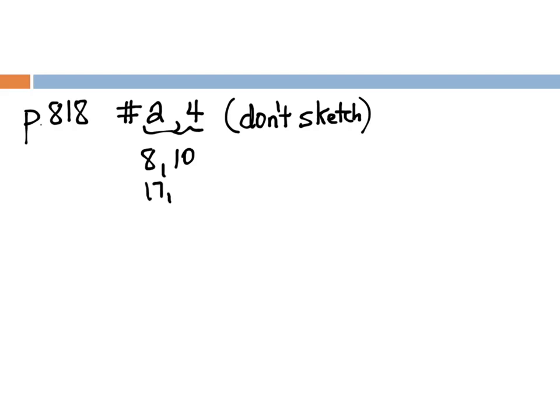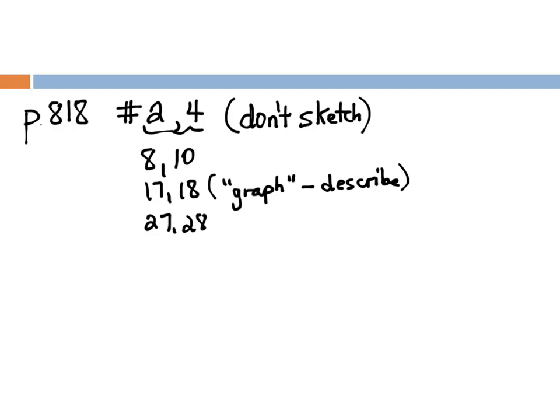And then on 17 and 18, it tells you that thing like where I said graph, and I put the graph in these quotes like this. So where it says graph right there, if you prefer, you may describe instead of graph. And then we have 27, 28. Both of those are matching, okay, just to kind of give you a heads up.